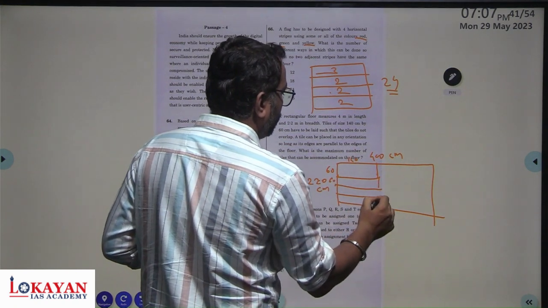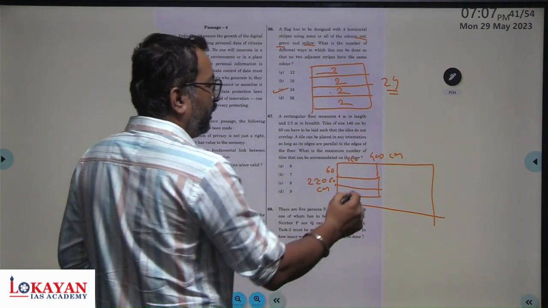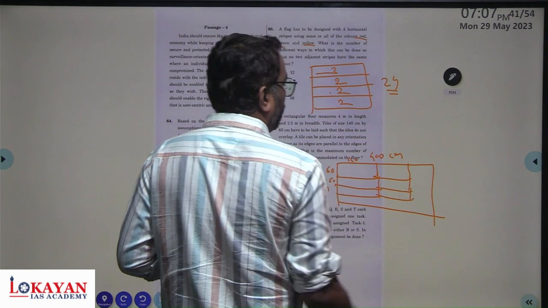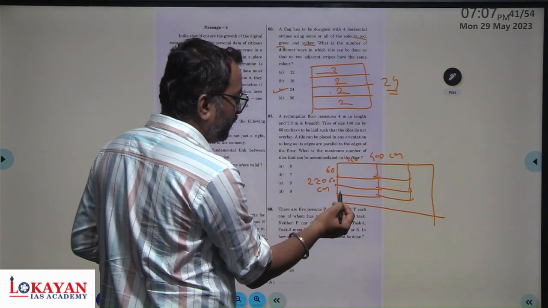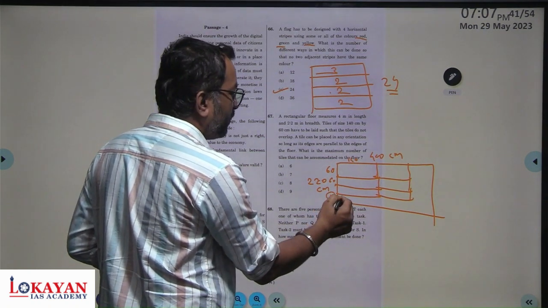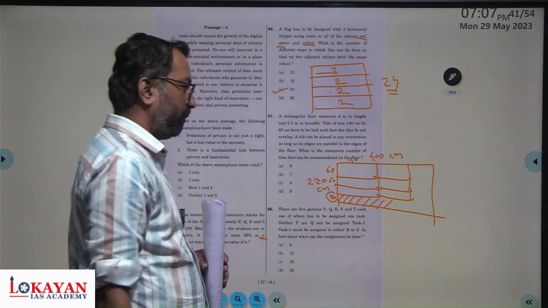And this is 60, this is 140. So 3 tiles. Again, 3 tiles. Right? Now, how much distance is 60 plus 60 plus 60? 180 हो गई, ये तो 40 ही बचा. So यहाँ पे टाइल्स नहीं बैठेगा. Right? यहाँ पे टाइल्स नहीं बैठेगा.